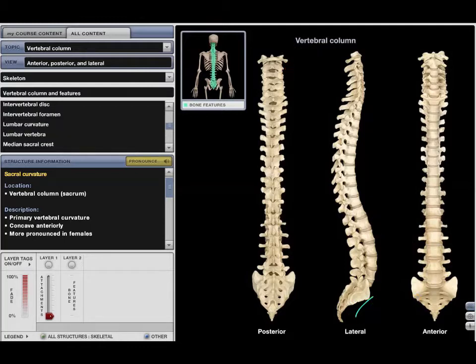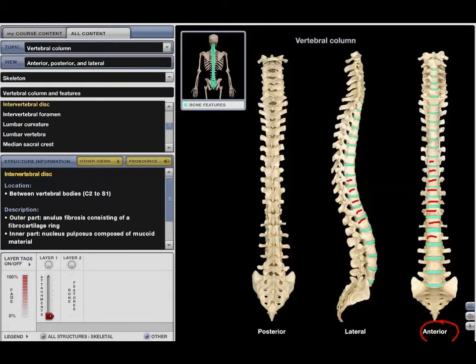Most of the vertebrae share common structural features, and we'll talk about a few of these. First is the body of the vertebrae. These are on the anterior region, and it's a cylindrical body on the anterior region of each vertebrae. And here we can see them from the lateral perspective.